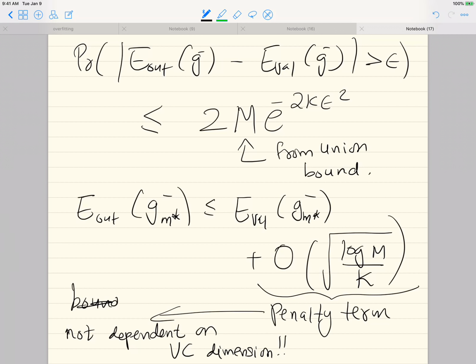So you may have a convolutional network with 1,000 layers, a deep neural network which is very wide. They all have very large VC dimensions, right? But if you are only using these two classes and you're training over them and picking one, then your penalty term will still be very small. It will just be log of 2 by K. So you get a big gain here by this approach compared to just fully training on and using all the data for training.